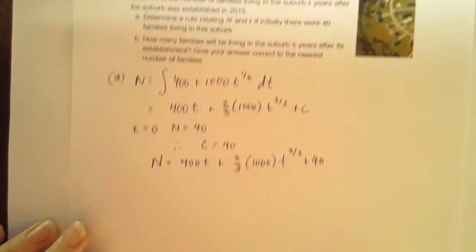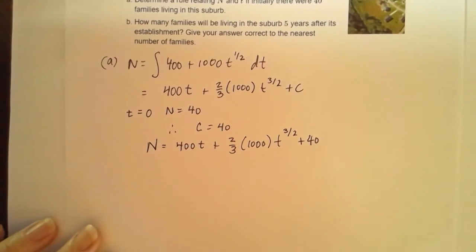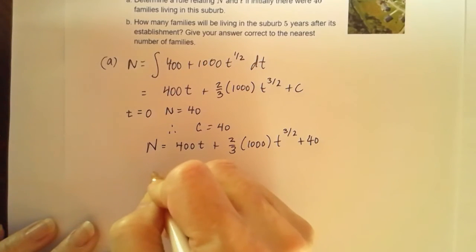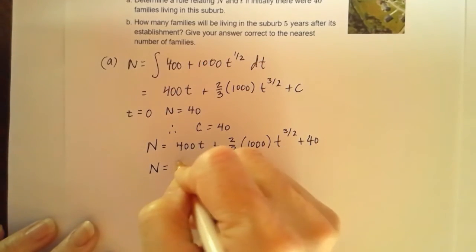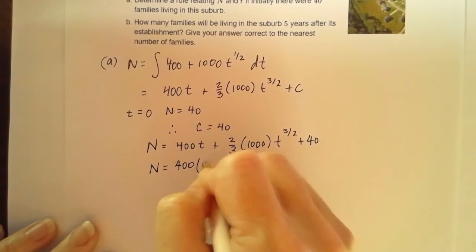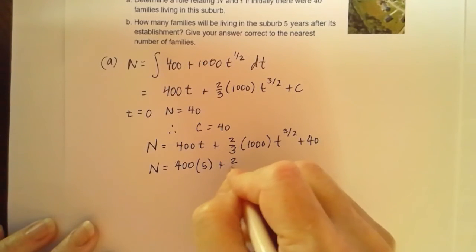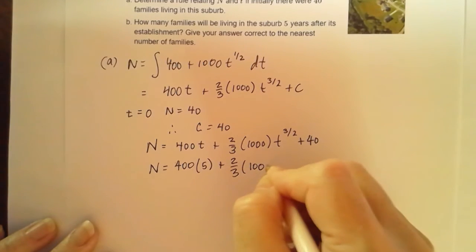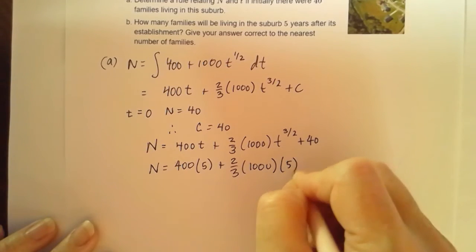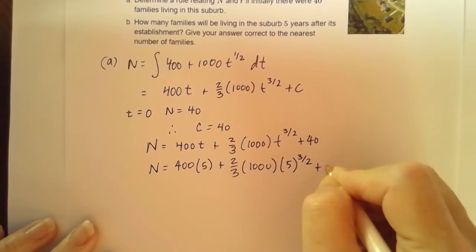In B it says, how many families will be living in the suburb 5 years after its establishment? Give your answer correct to the nearest number of families. So I want to put in t equals 5, and I want to solve for n. So 400 times 5 plus 2/3 times 1,000 times 5 to the 3/2 plus 40.